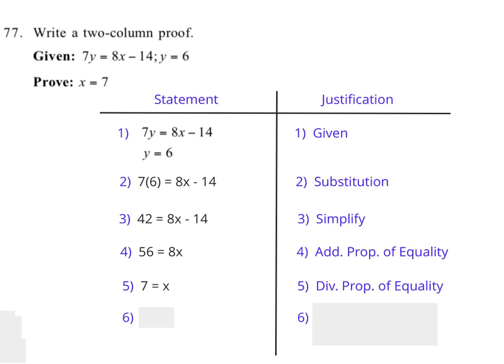And the rule that allows us to switch sides to make it look like x equals 7, which is what they asked us to prove, is the symmetric property of equality, where we have the sides switched, but there's that symmetry that still exists. Okay, that's it.